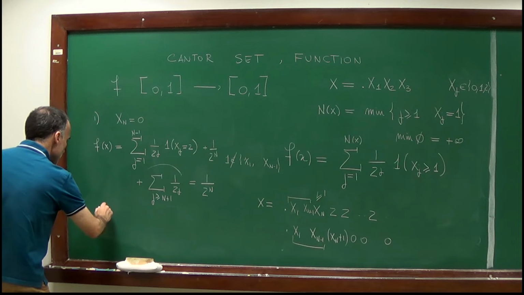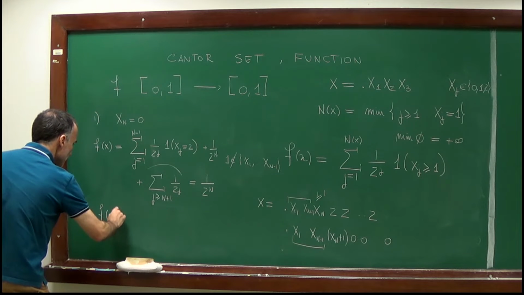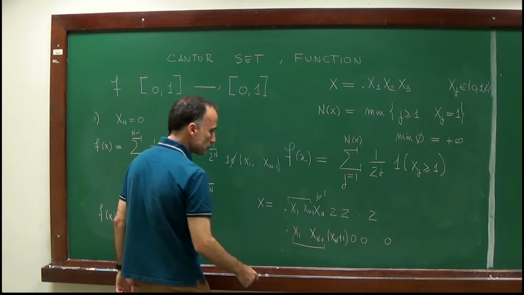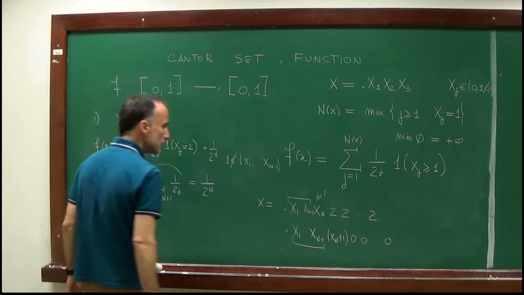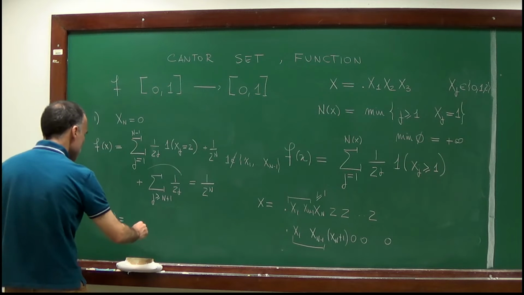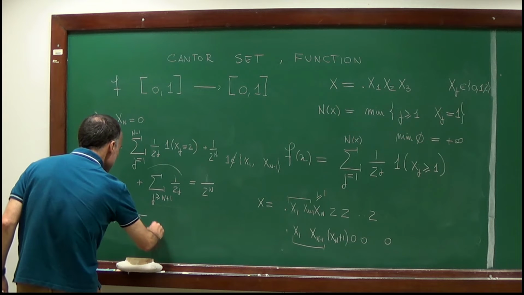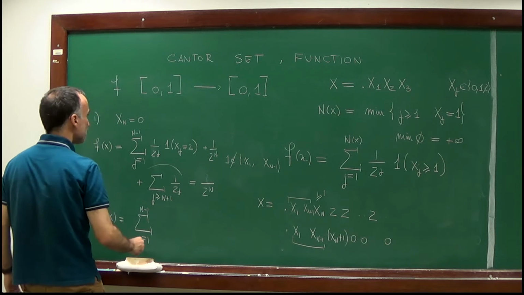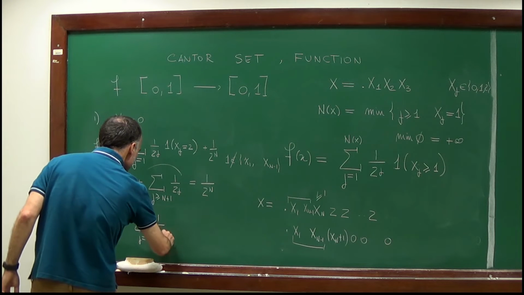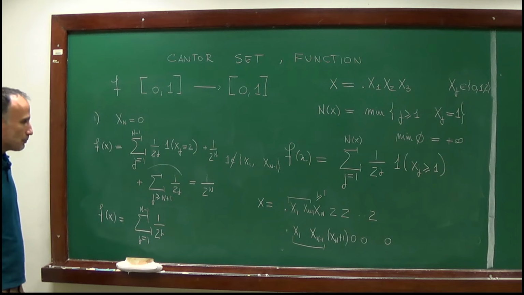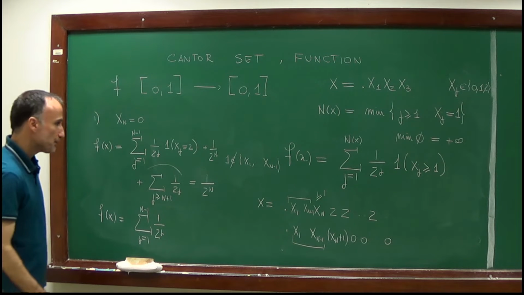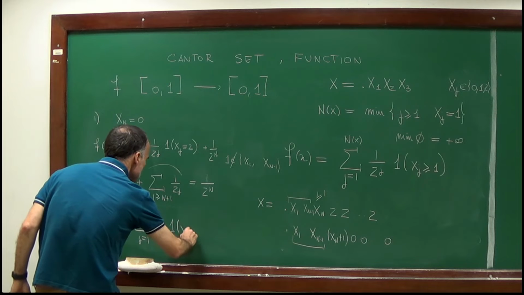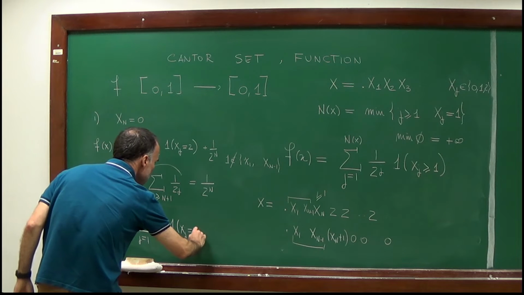Then let's compute f by using the second representation, which is this one. I have first the contribution of the first n minus 1 digits. This is the sum from 1 up to n minus 1 of 1 divided by 2 to the power j. They are all different from 1, so I can also write xj equal to 2.